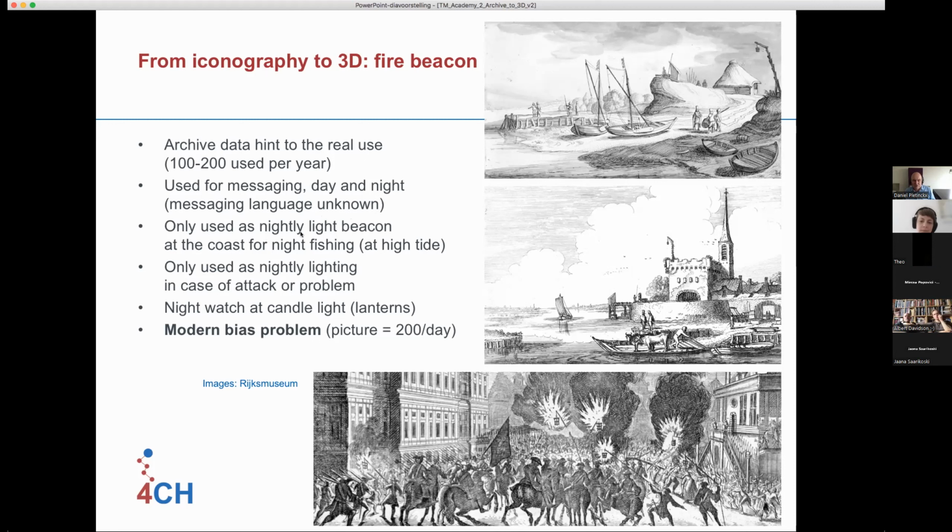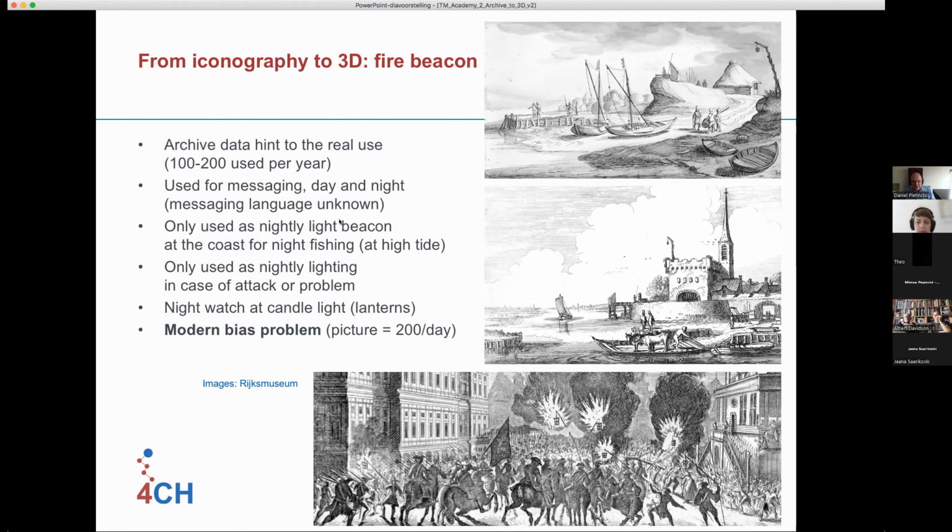And it was also used for nightly light beacons, like you have seen that we thought it was done, but that in fact was done at the coast only for fishing. Certain fish you can catch more easily at night.